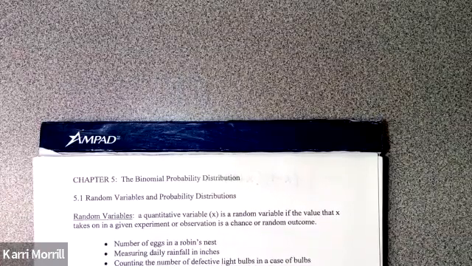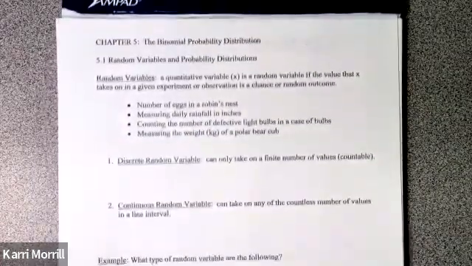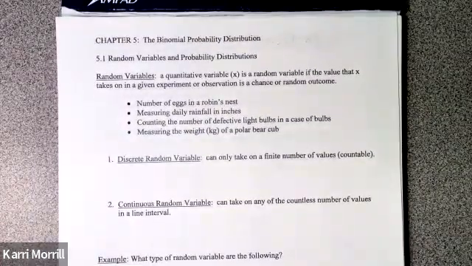A quantitative variable x is a random variable if the value that x takes on in a given experiment or observation is a chance or a random outcome. So number of eggs in a robin's nest could be an example of that.